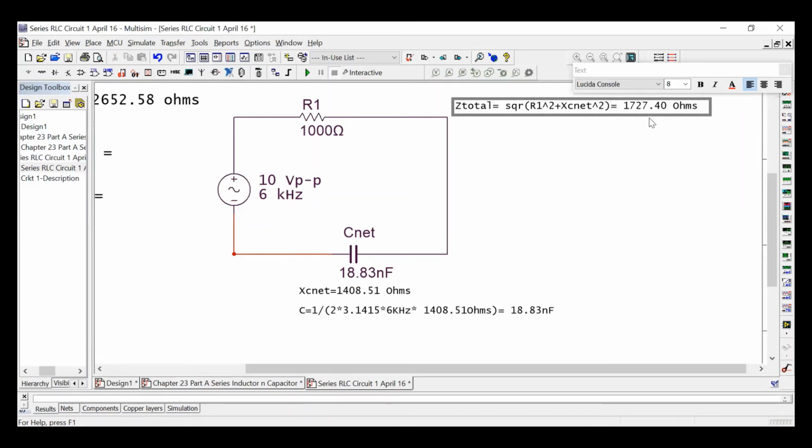Any questions on that? I total, this is the most important right here. I total is probably the most important on the circuit because we're going to take this I total and bring it back to our original circuit. We'll be there in a second. So I total is equal to V total over Z total.